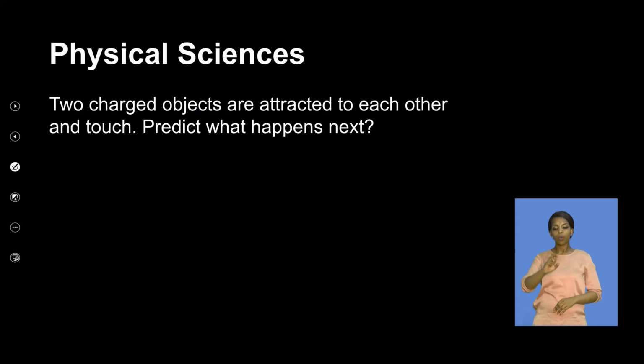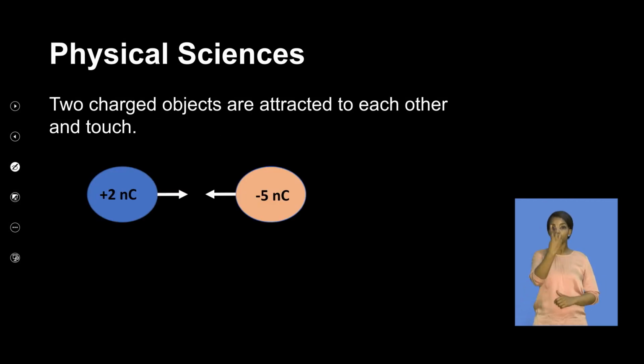Let's start with a discussion which says that two charged objects are attracted to each other and touch. Predict what happens next. Now, we've got two objects. Let's call this one Q1 and this one Q2. Already they're at a distance apart.